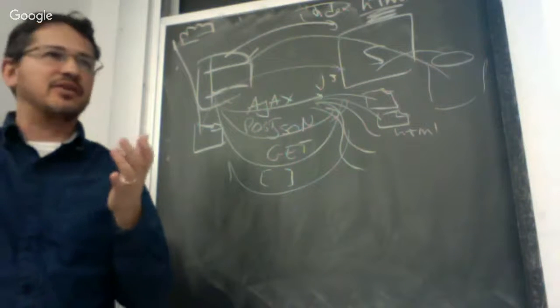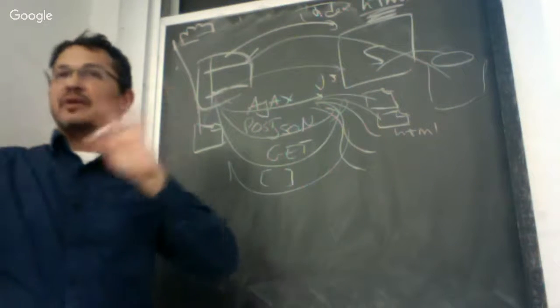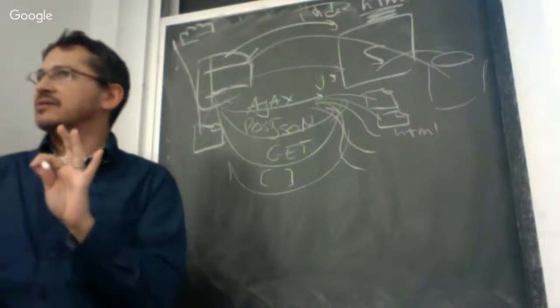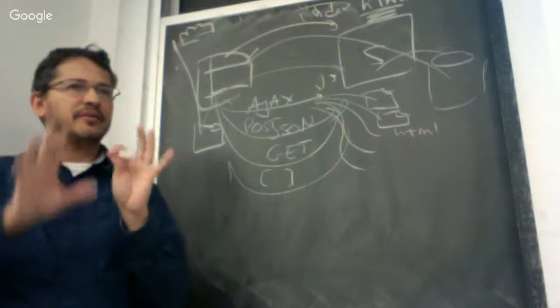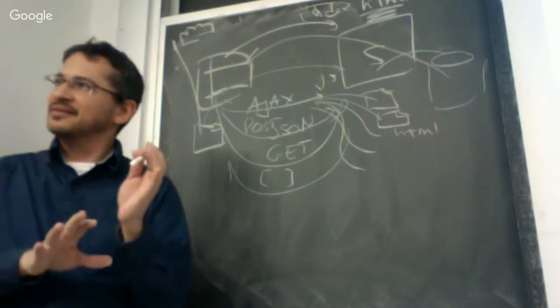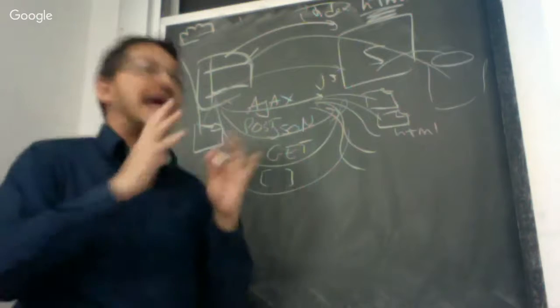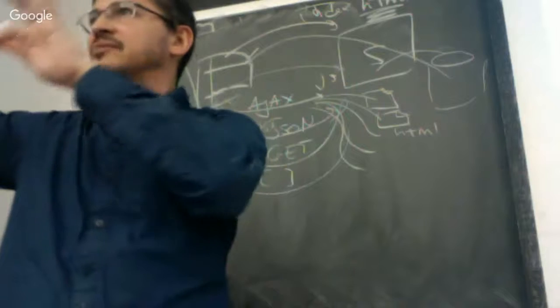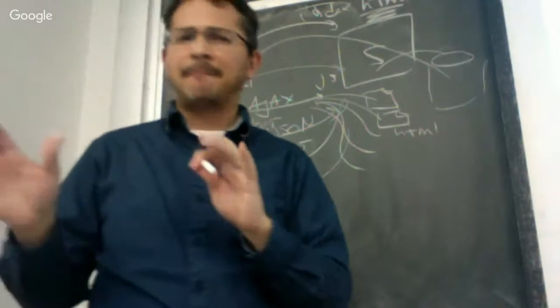We never leave the page. It looks like we're navigating from one page to another, with the same functionality you would have if you actually navigated to other pages. But it's implemented differently. It's not implemented the classical way of navigating from one HTML page to another HTML page to another HTML page. Make sense?